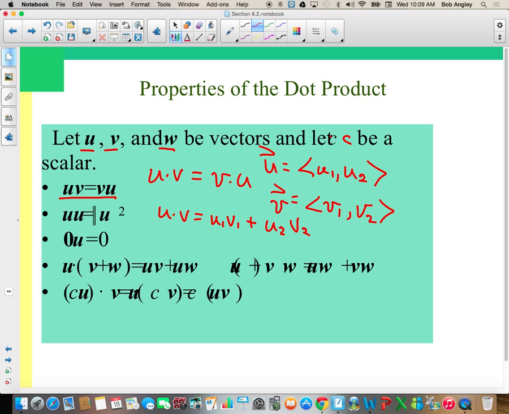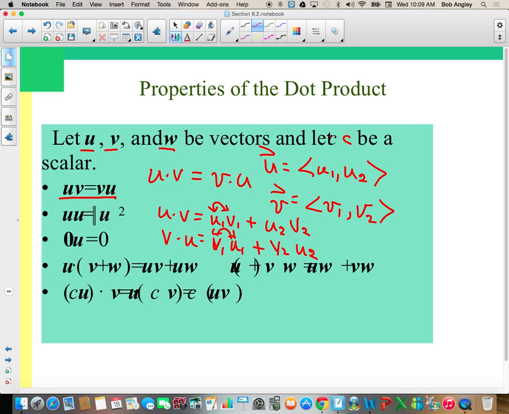If I do V dot U, I'm putting V1 in first, so this is V1 U1 plus V2 U2. The U's and V's here are just numbers, and since multiplication is commutative, this is the same as that, and therefore these two things are obviously equal.